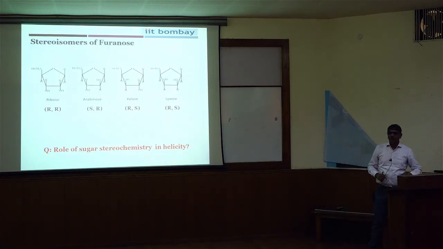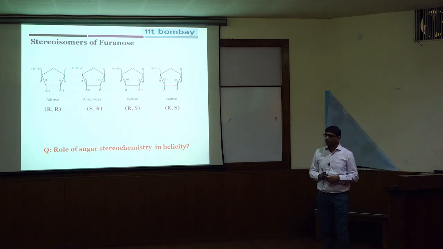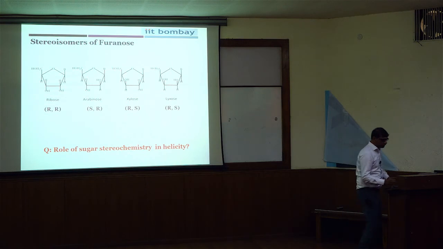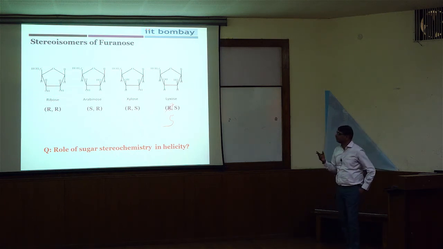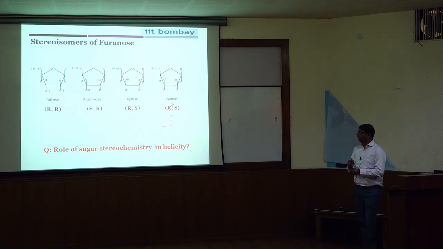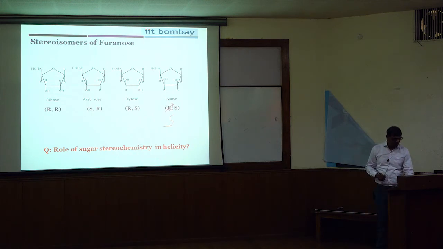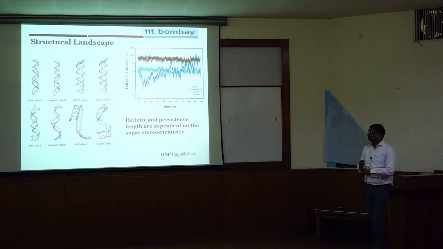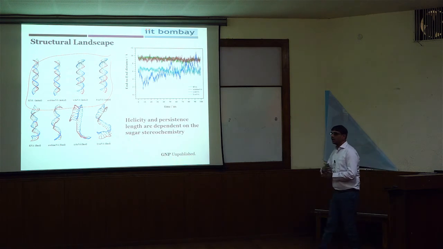Okay. Then we said, okay, is it only the case of xylose or is there any other? So we looked at these 4 possible stereoisomers at the 2 and 3 positions: ribose, arabinose, xylose, and lyxose. Okay, and then we looked at the same sequence of 29 mer, and the top ones are your initial structures. Okay, very close to what B-DNA has, and then you run a 100 nanosecond simulation.